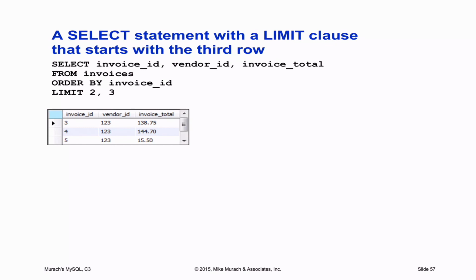Now the limit clause, besides just limiting the number of results, you can actually specify where you want to start, or the offset. And there are a couple of parameters that go into that. And here you can see that if we select the invoice ID, vendor ID, invoice total from invoices, we order it by that. If we use limit 2, 3, and actually typically you'll see that with the parentheses, either or.